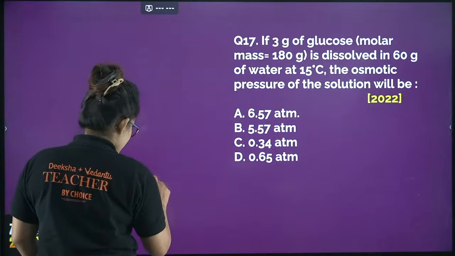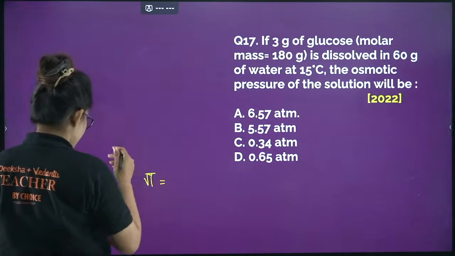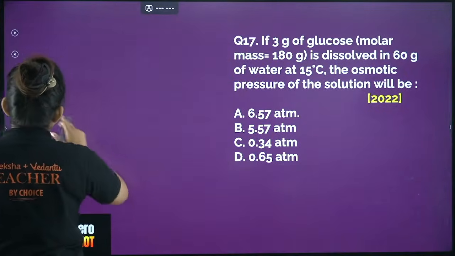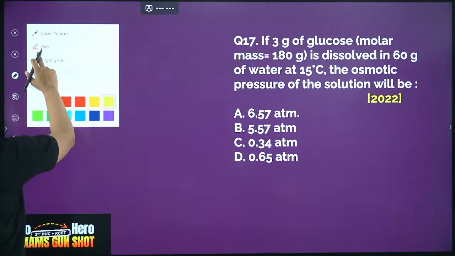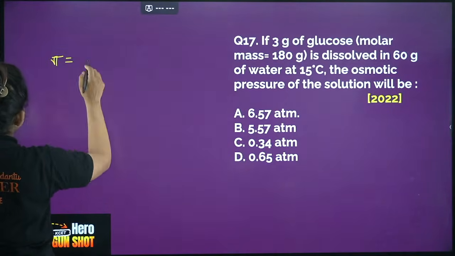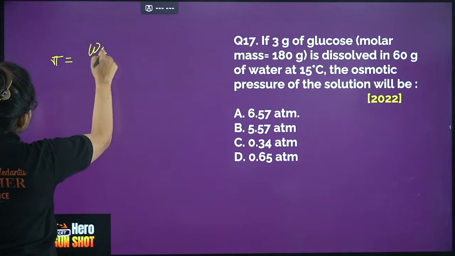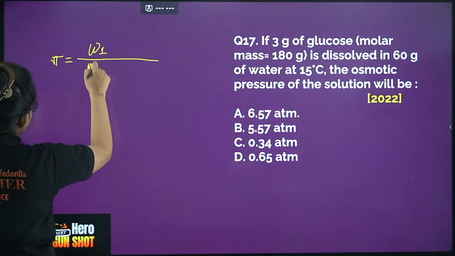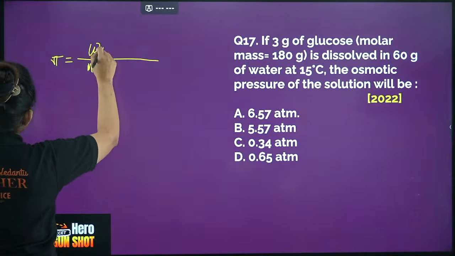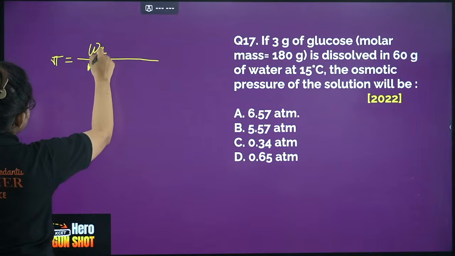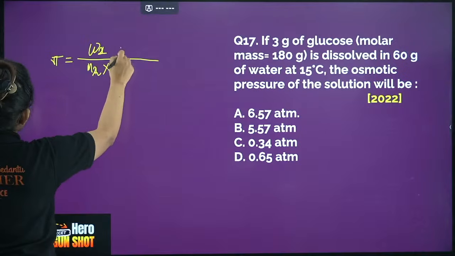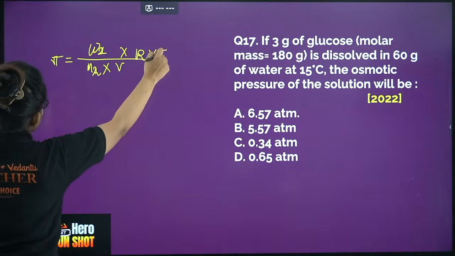We can directly apply pi equals n by V, so pi equals W2 by M2 into V into R into T.